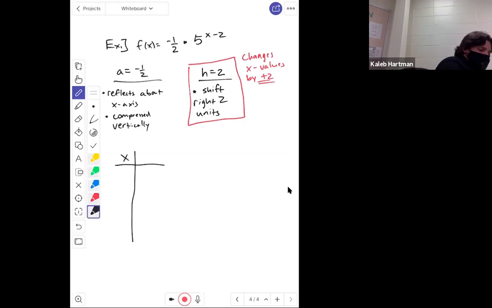Instead of plugging in -2, -1, 0, 1, and 2, add 2 to all of them. So just start at 0, 1, 2, 3, and 4. We can think of it as offsetting the subtraction of 2 that's going on in the exponent there. So h changed what x values we're actually going to plug into the function.